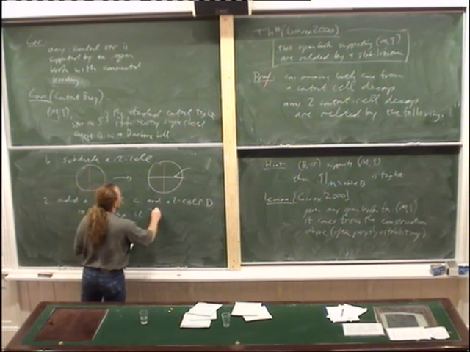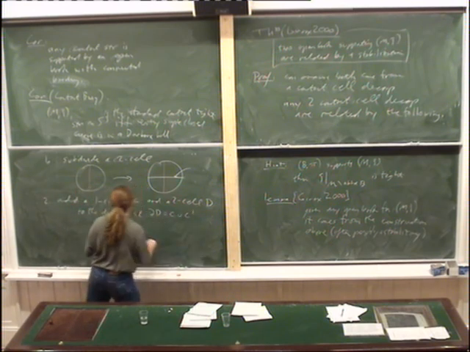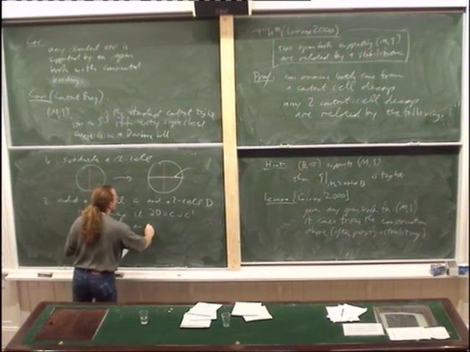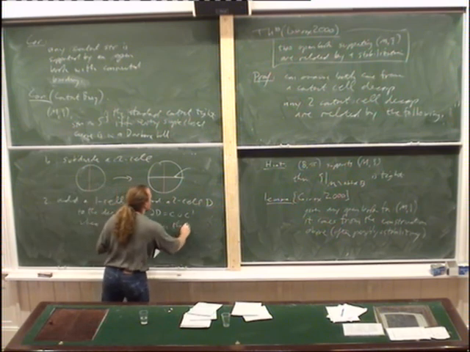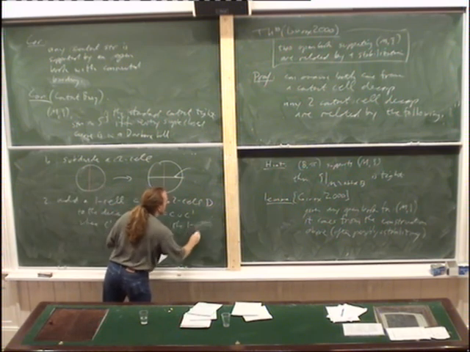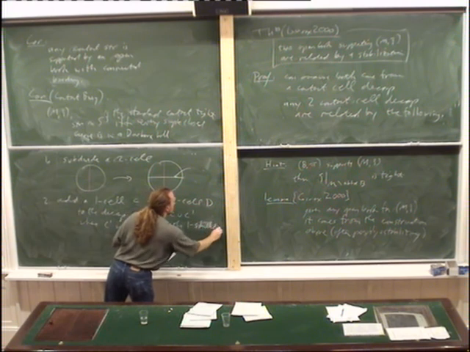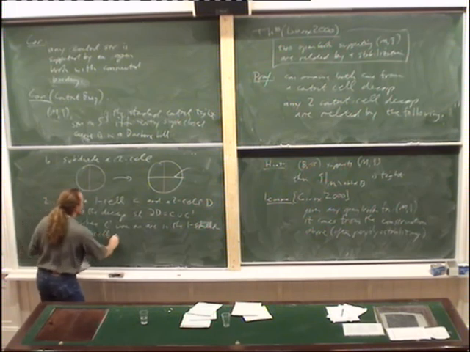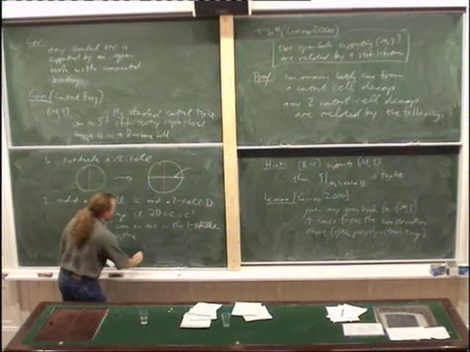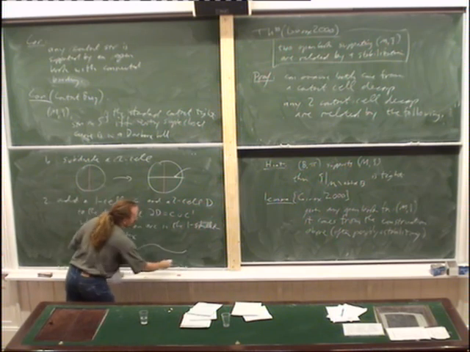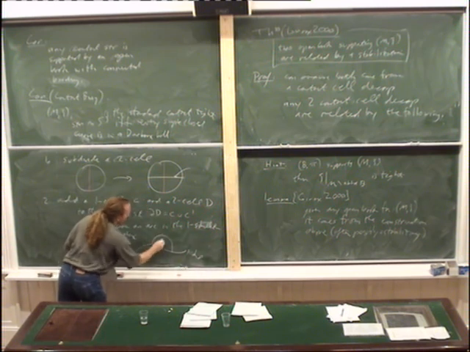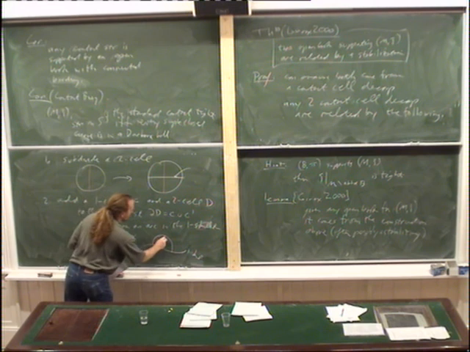such that the boundary of D equals C union C prime, where C prime is an arc in the one skeleton of the cell complex. So the idea is you've got this part of the one skeleton, and you just add on an arc and a disk like this.